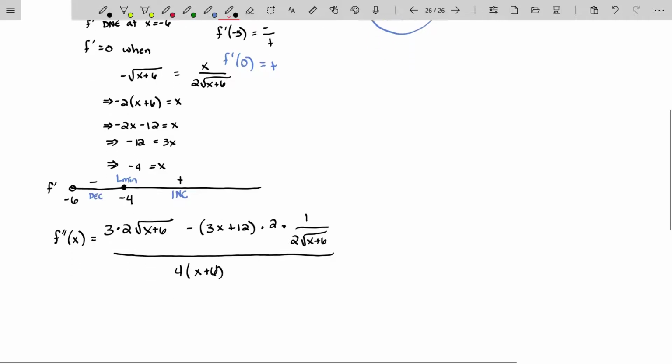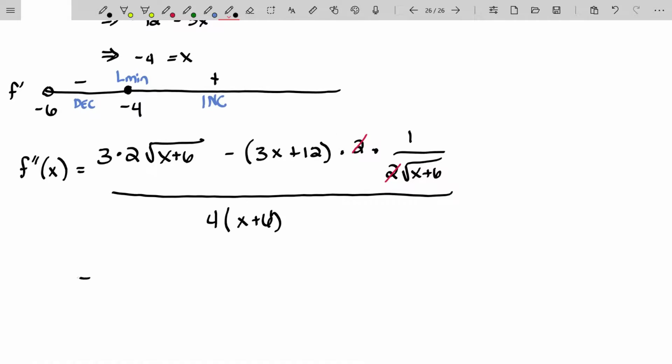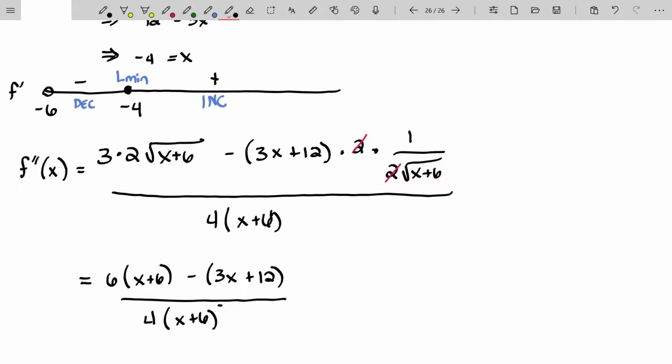Now I'm going to go ahead and multiply both numerator and denominator by the square root of x plus 6, noting as well that these 2's cancel. So multiplying top and bottom by the square root of x plus 6, or in other words, the half power of x plus 6, you will get the following. 6 times the quantity x plus 6 minus the quantity 3x plus 12, all divided by 4 times the quantity x plus 6 to the 3/2 power.